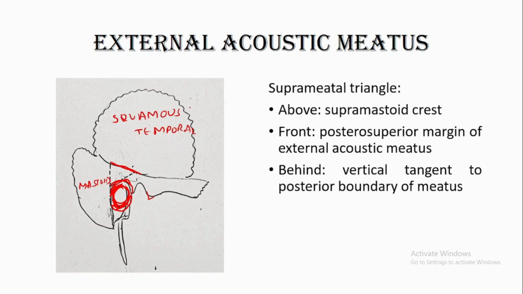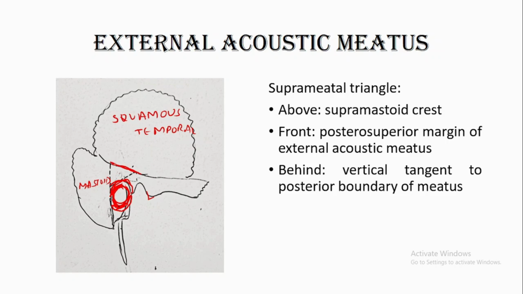Now coming to the suprameatal triangle. There is a small triangular depression just posterior and superior to the external acoustic meatus. This triangle is called the suprameatal triangle.